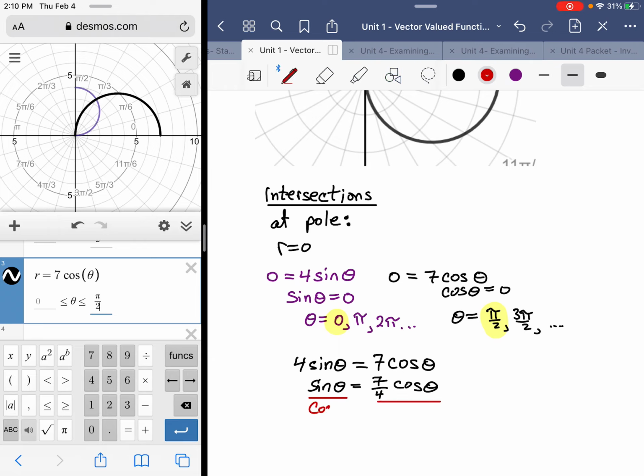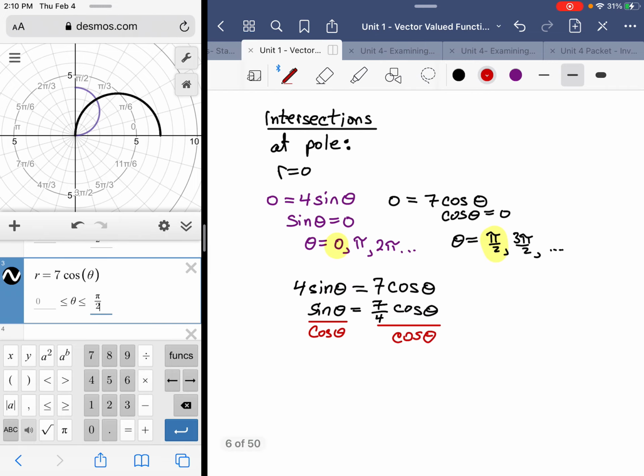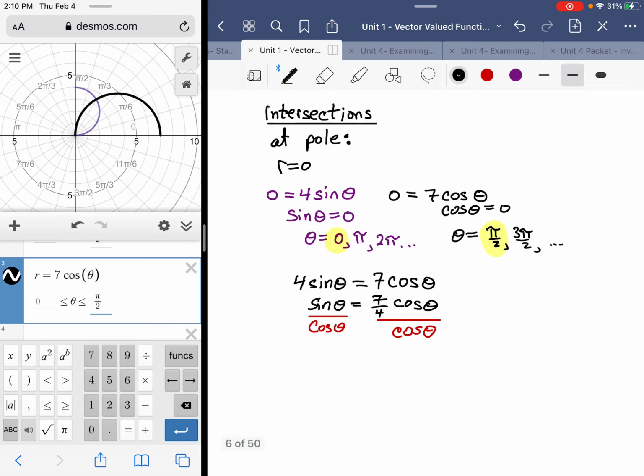All right, so I can divide both sides by cosine of theta, and what that does is it takes our sine and makes it into a tangent. Sine divided by cosine is tangent of theta. Cosines would cancel on this side. We're not losing a variable, we're just merging it with another. So 7 over 4.